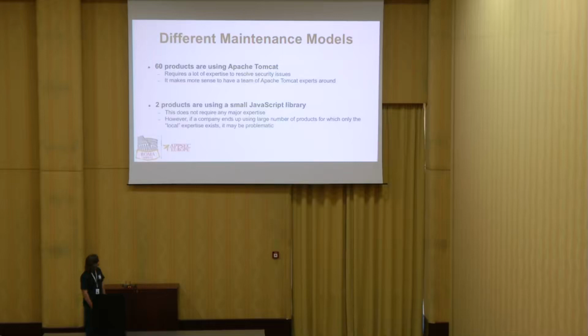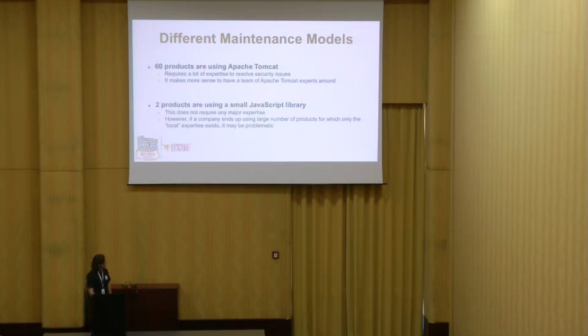And as some of you might know, Apache Tomcat is a very complicated product, and if you need to analyze it for vulnerabilities, even if you use complicated static analysis tools, it really requires a lot of expertise to filter false positives and find false negatives.